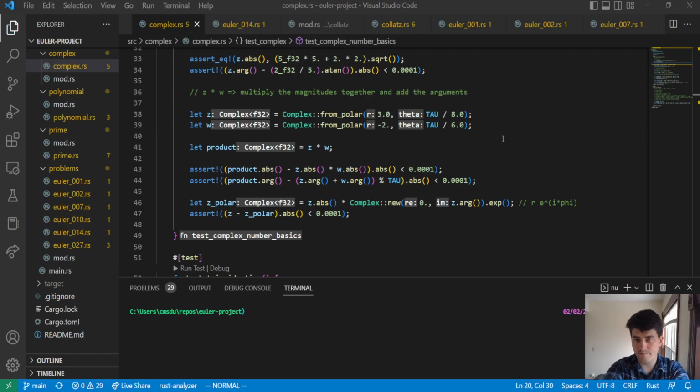So 0, 2. Let's do 6 of these. And where does this say center? These need to be dots. And then we'll say below.